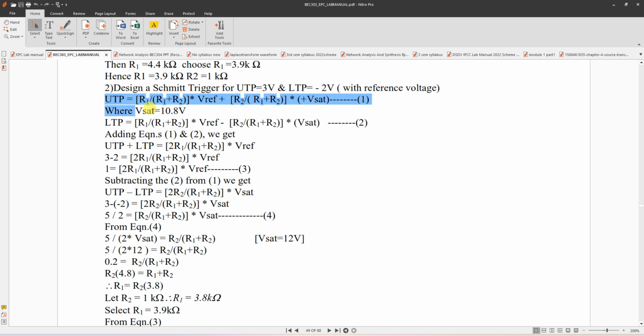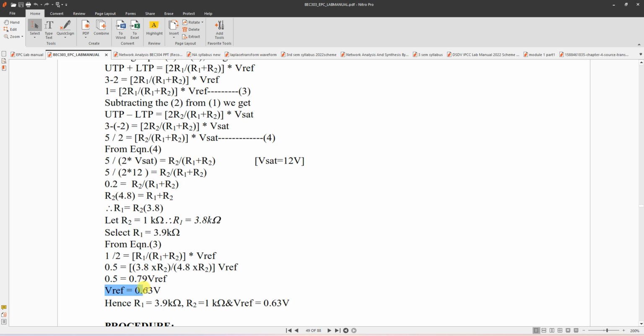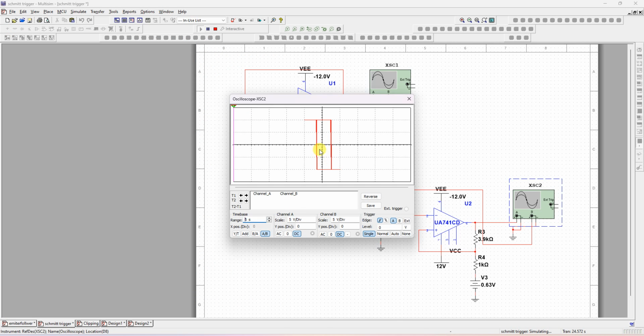So you can refer to any textbook for the formulas. By putting UTP 3 and LTP minus 2, you have to simplify the equation, and finally you will get the ratio of R1 and R2. After that, assuming R2 value, you can find out the R1 value, and you can also find out the reference voltage value. For this, reference voltage is coming 0.63, and if you substitute that, you get LTP as minus 2 here, and UTP is plus 3 volts.